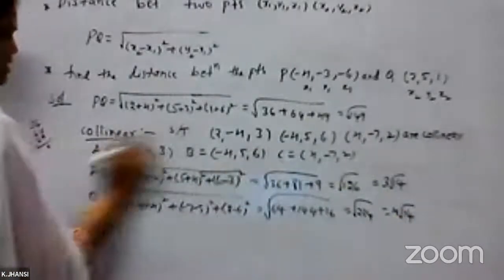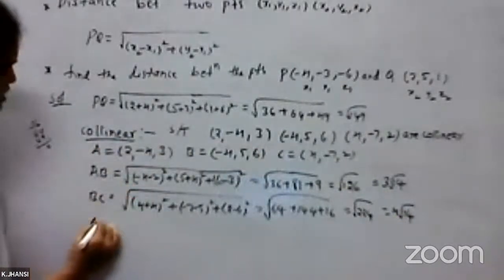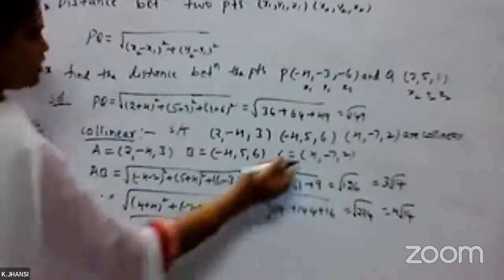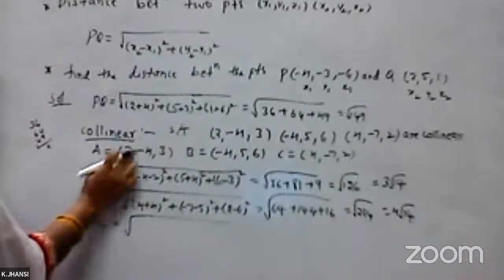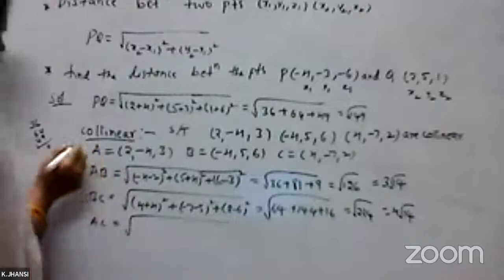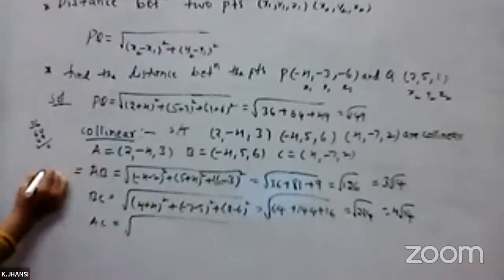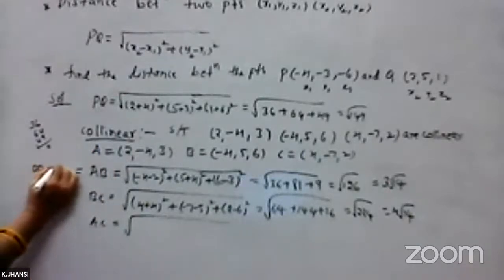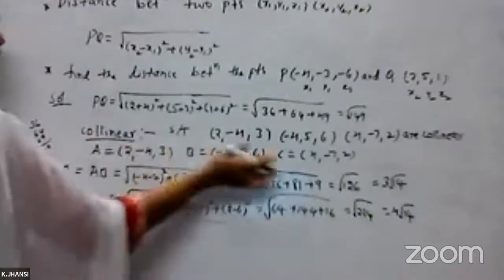Now we can find AC. AC is equal to the square root of 4. Here AB means we write OB minus OA. If you have any confusion, you can take these as OA, OB and OC.